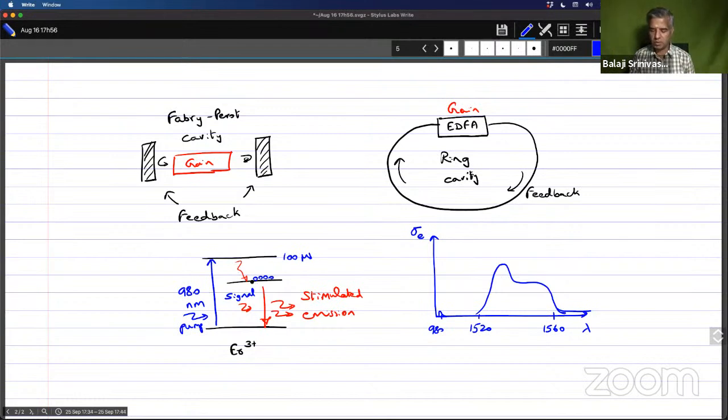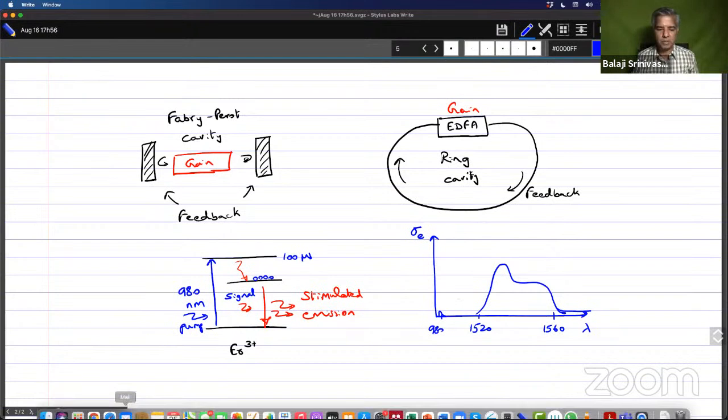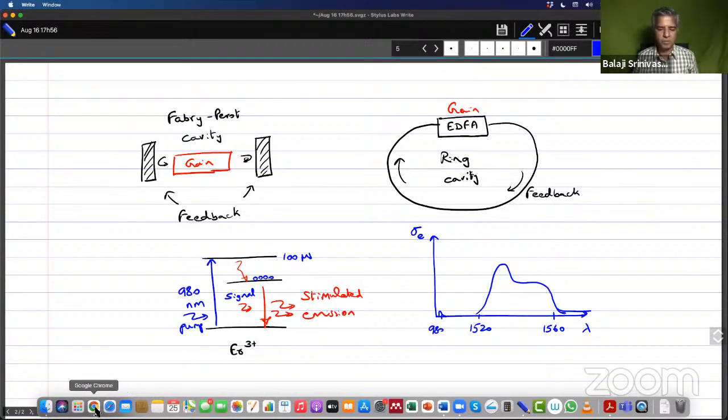So it would non-radiatively relax to this other level from which emission is much more likely. So the emission probability at 980 is much lower compared to what you have at 1550, around about 1520 to 1560. Okay. So the signal cross section is what we are interested in.